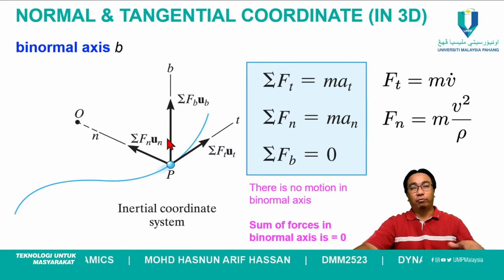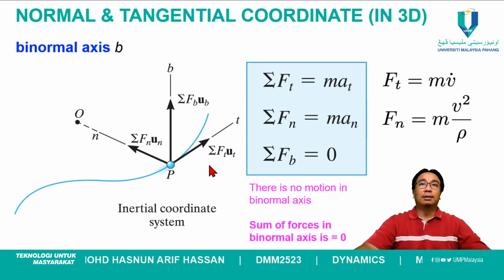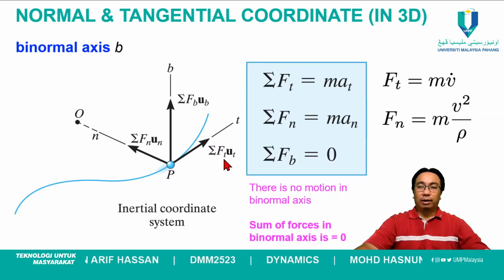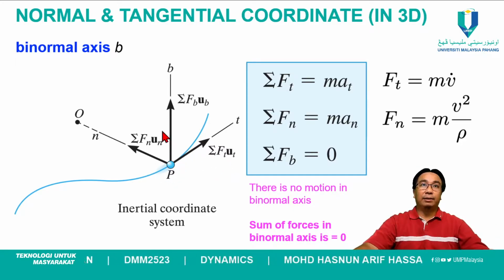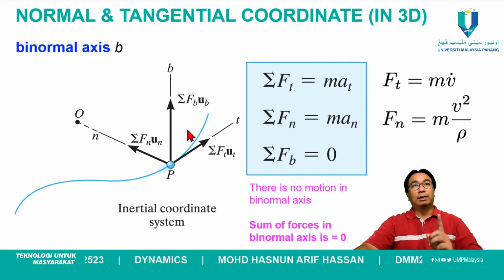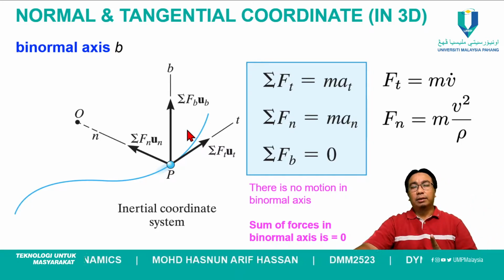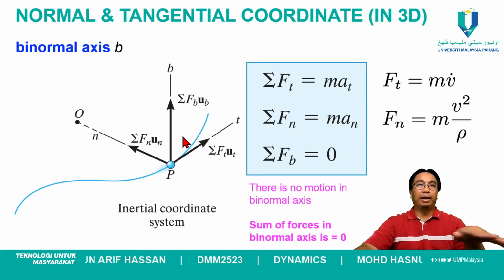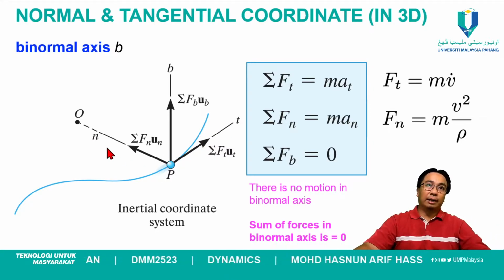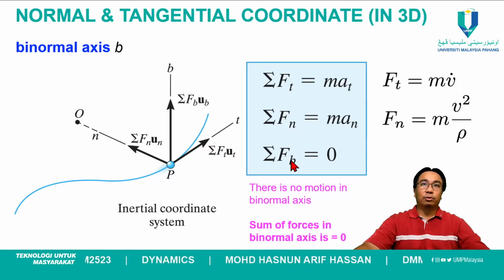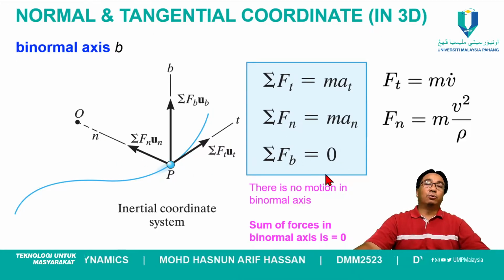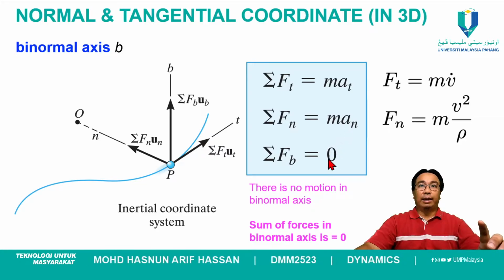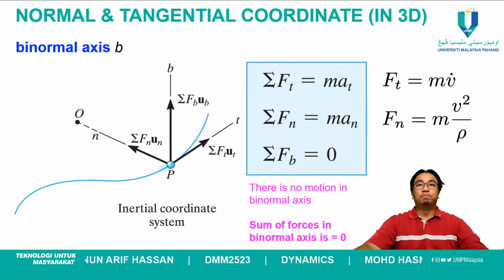This plane of normal and tangential axis is called the osculating plane. So there is no motion in the binormal axis. It is only a planar motion on tangential and normal axis. Therefore Fb is equal to 0 because a_b is equal to 0.